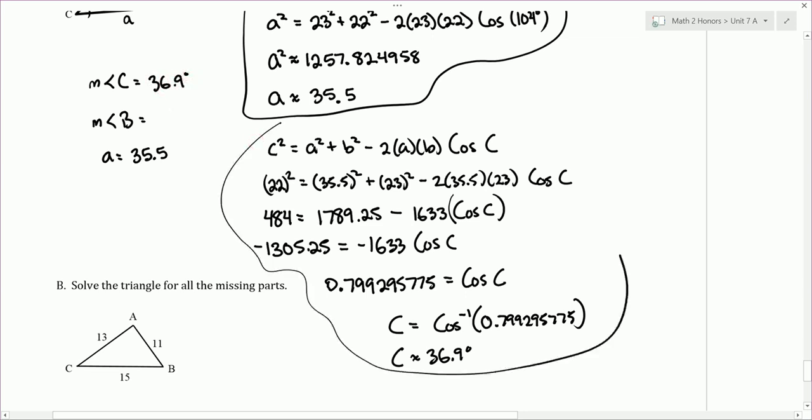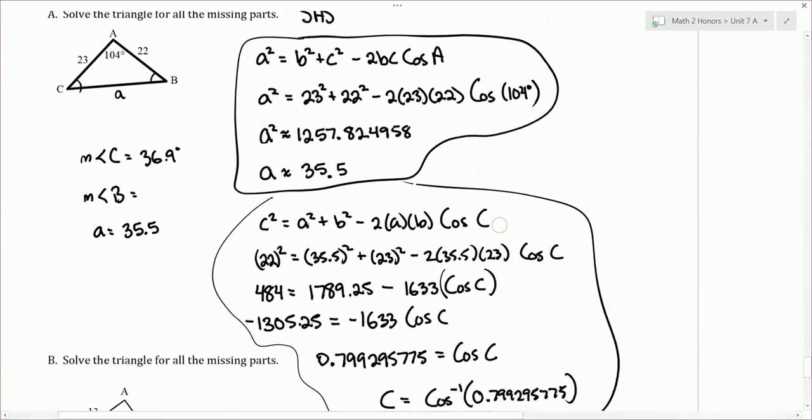Now that we have angle C, we know angle A. Angle B is not going to be too tough to get, because when you add the three angles up, you get 180. So 104 plus angle B plus C, which is 36.9, is equal to 180.